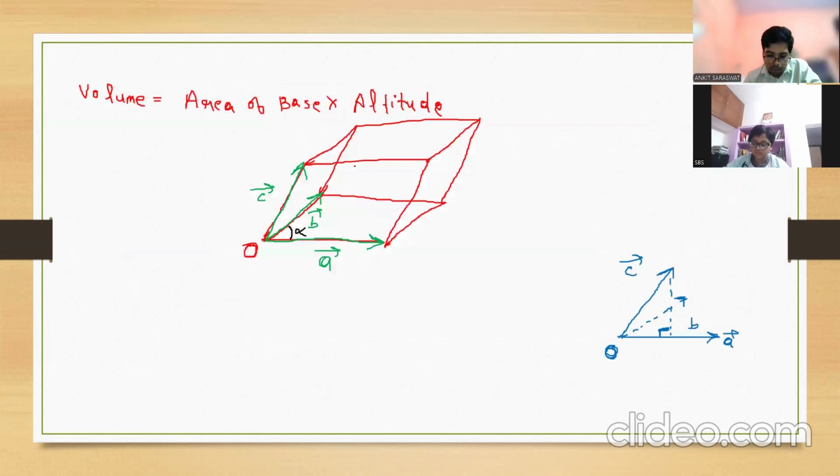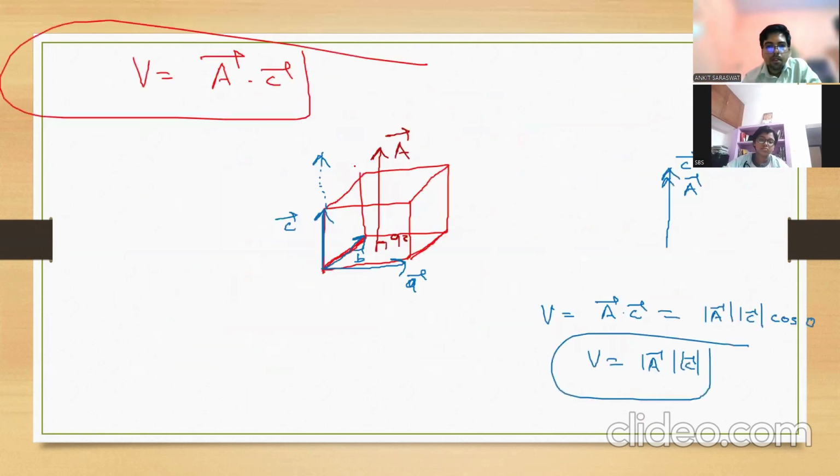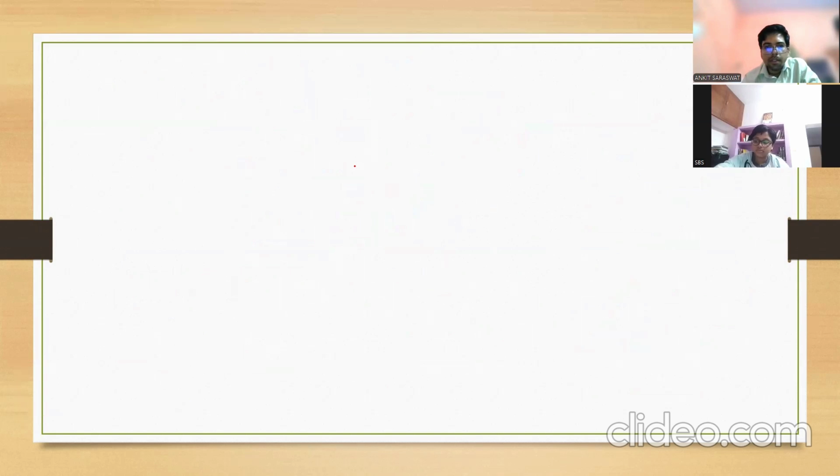So write down a question. In your syllabus it is simple, but you should understand the meaning of volume of parallelopiped. The formula is simply applied if three vectors are given: A cross B dot C.